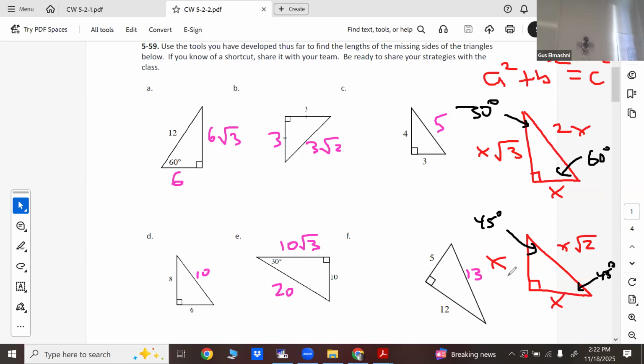3 squared or 4 squared. 16 plus 9 was what? Yeah, how are we doing here?